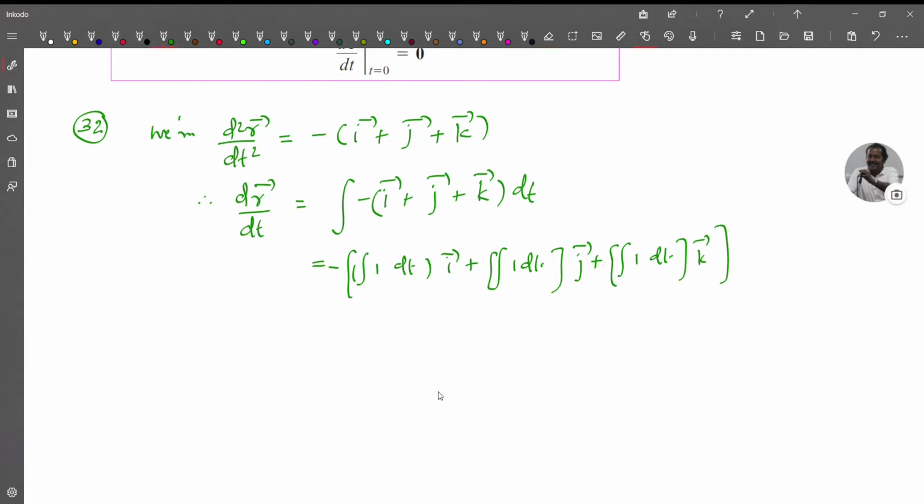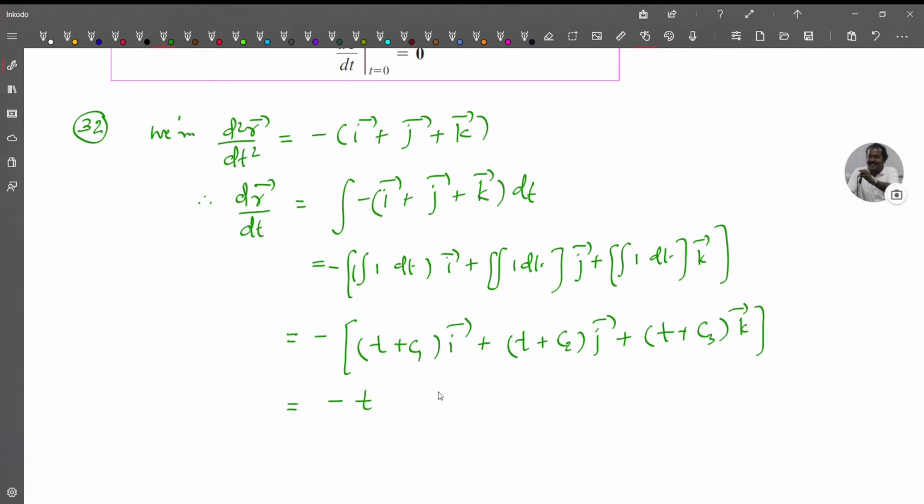So that is equal to minus of t plus c1 i plus t plus c2 j plus t plus c3 k. So this is equal to minus t into i plus j plus k minus c1 i minus c2 j minus c3 k.